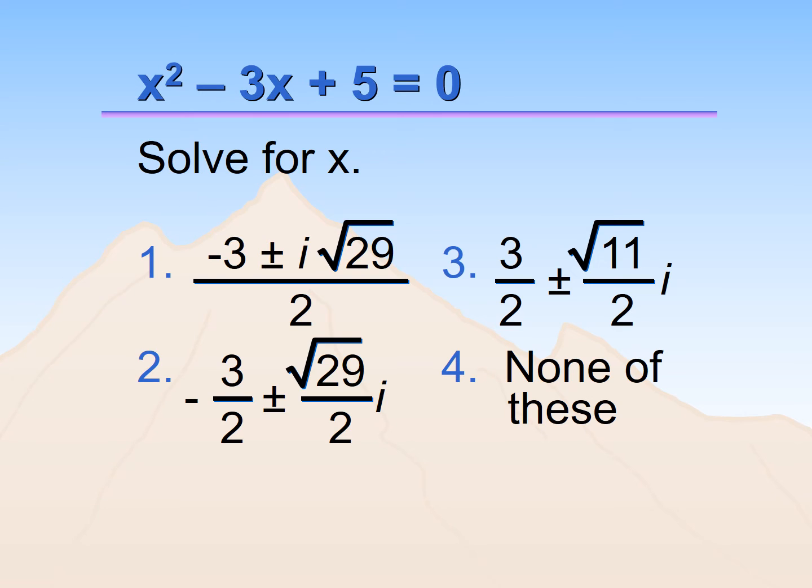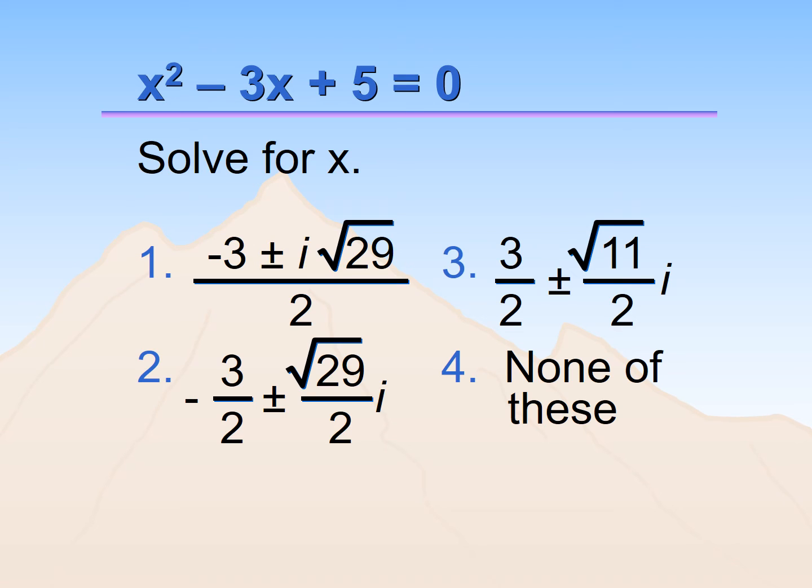So we'll get x equals 3 plus or minus the square root of 9 minus 20, all over 2. Notice how 9 minus 20 is a negative number, right? 9 minus 20 is negative 11. So that means we're going to have a complex answer as our solution. So you'll get 3 plus or minus the square root of negative 11, all over 2. Let's take that denominator and put it over each term.